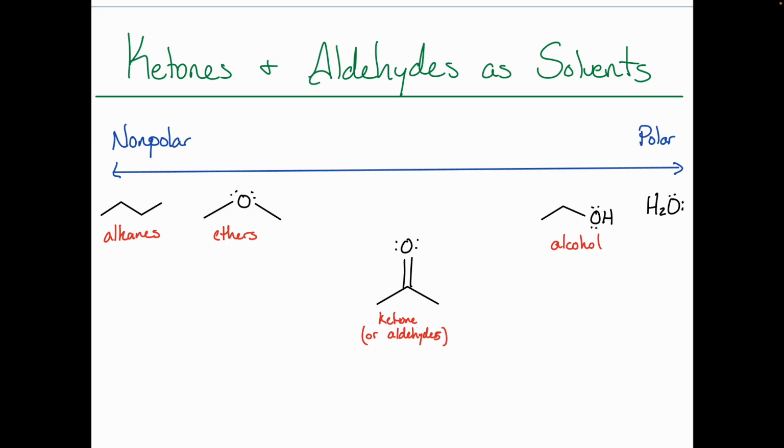This thing right here has this polar bond between carbon and oxygen, but it's not quite as polar as an OH bond. It can't undergo that hydrogen bonding. So ketones and aldehydes are sitting pretty much in the middle, maybe a little bit more towards the polar end of the spectrum, but not quite as polar as your alcohols.